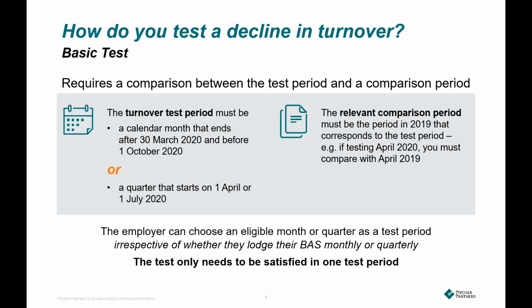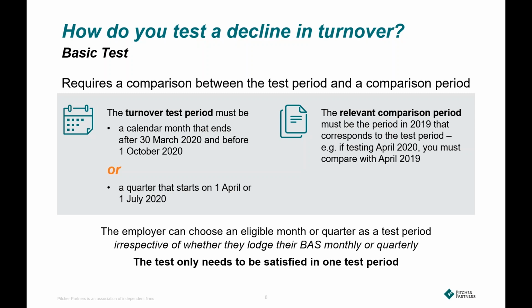The test period must be a calendar month that ends after 30 March 2020 and before 1 October 2020, or a quarter that starts on 1 April or 1 July. The comparison period must be the period in 2019 that corresponds to the test period. So for example, if your test period that you have chosen is the month of April 2020, you are required to compare that with the equivalent month, April in 2019.